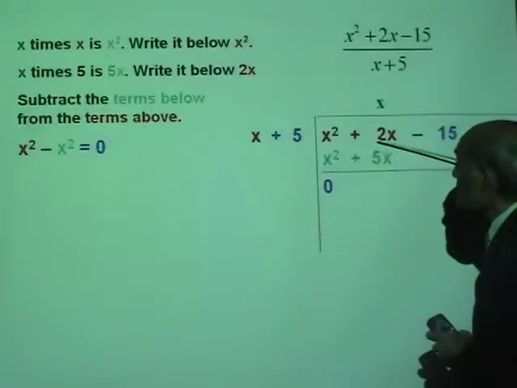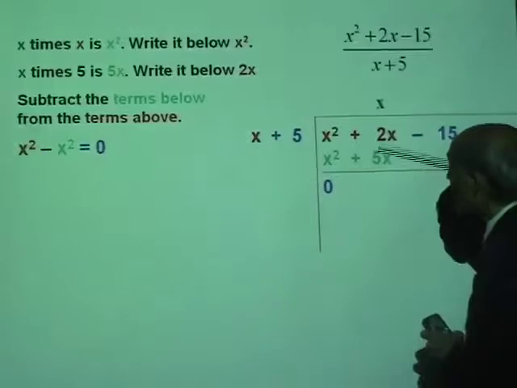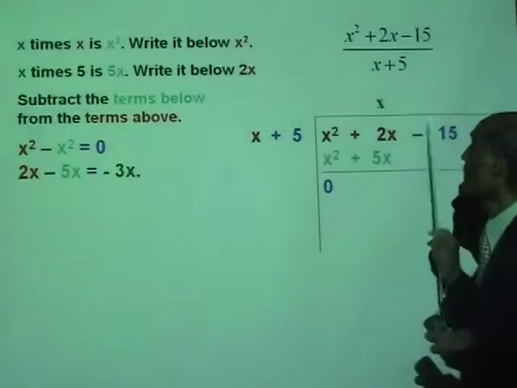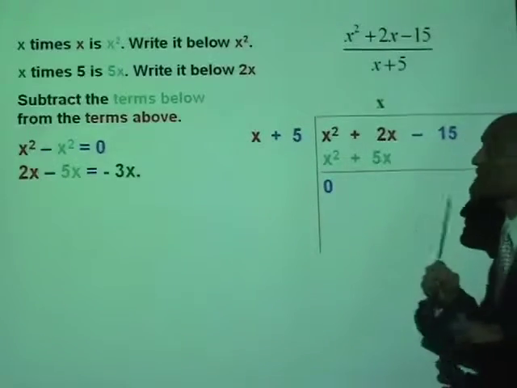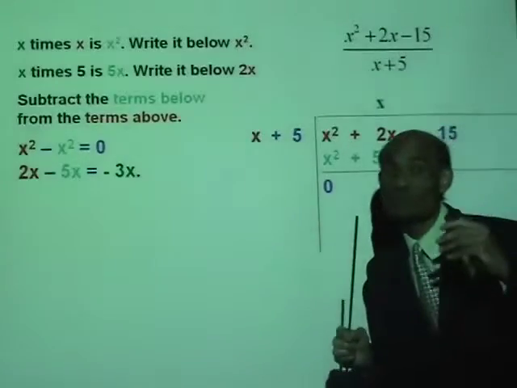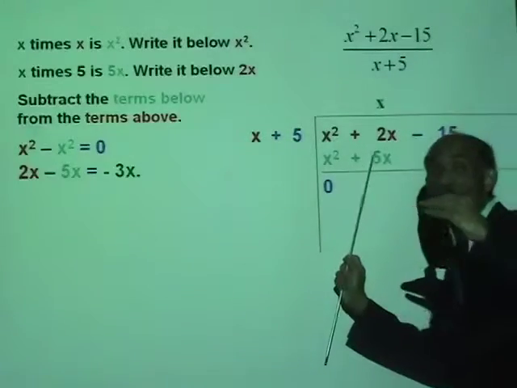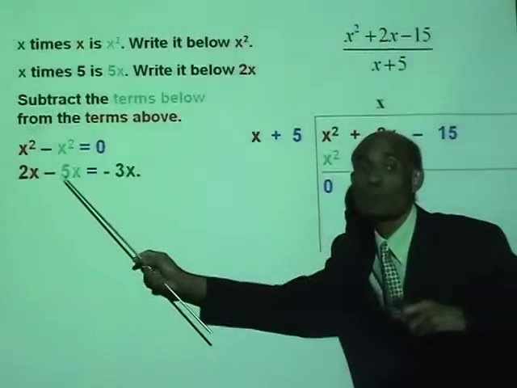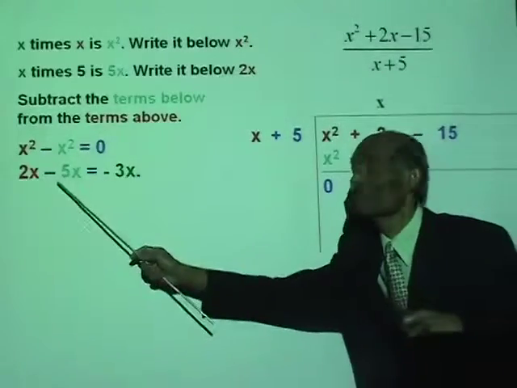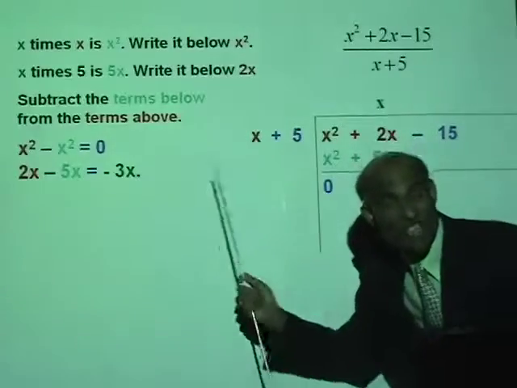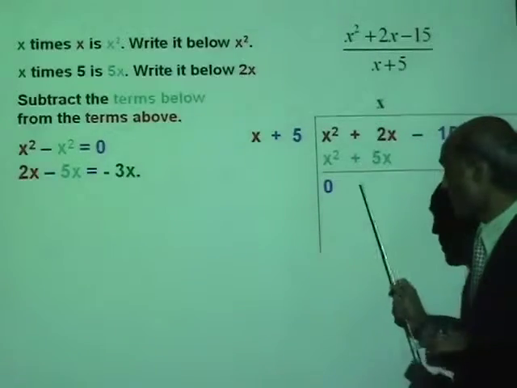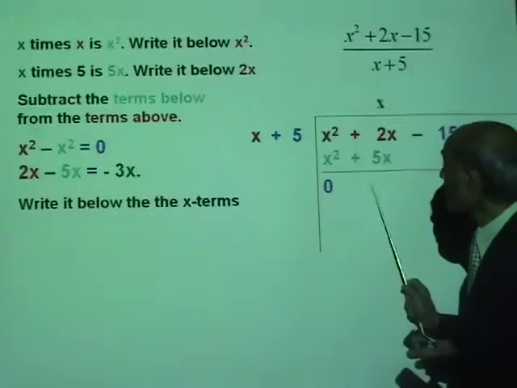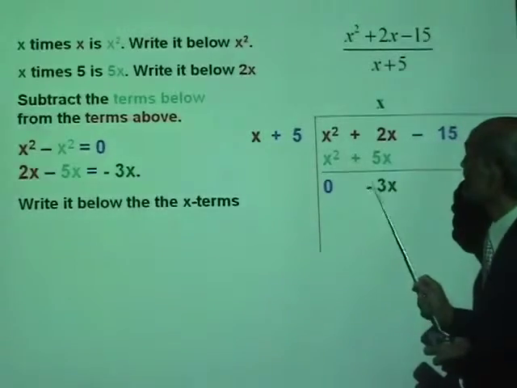Then subtract 5x from 2x. What is 2x minus 5x? Remember, you are subtracting terms below from the terms above. 2x minus 5x. Isn't 2x minus 5x negative 3x? Alright, write that below the x terms, negative 3x.